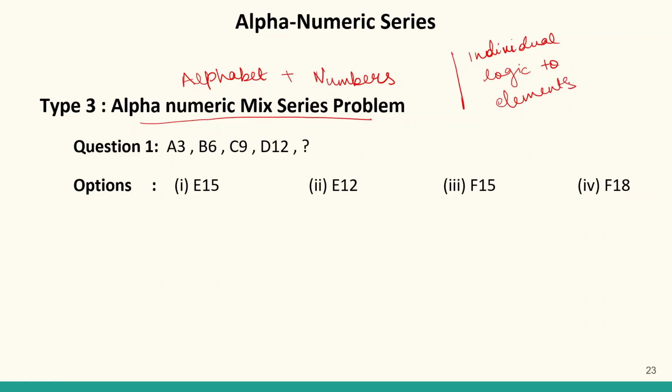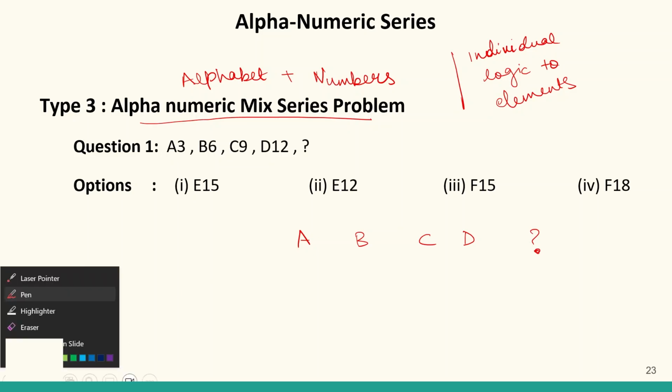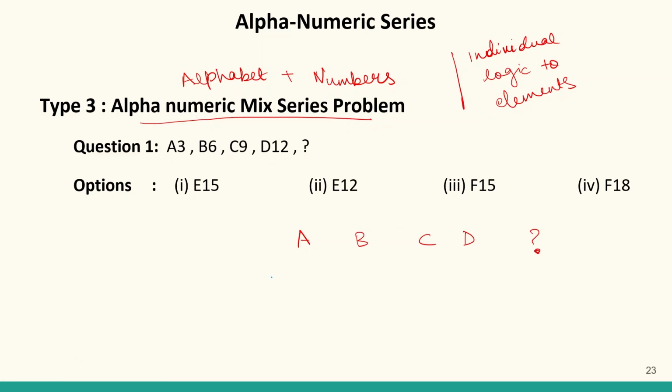This is an amalgamation of two series, like I said. So there are two series in this. First is the alphabet series that is being followed, and we have to find the next term. Then there is the number series that is being followed, 6, 3, 9, 12, and we have to find the next term. So two series are being followed, right?